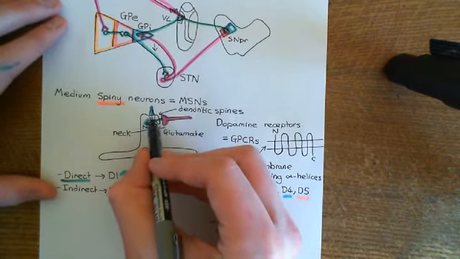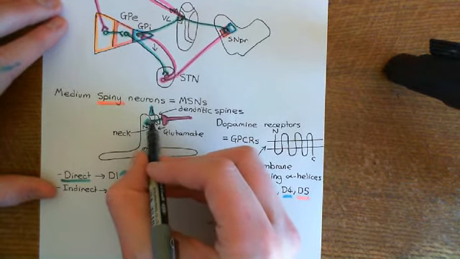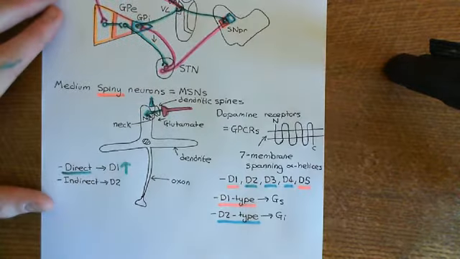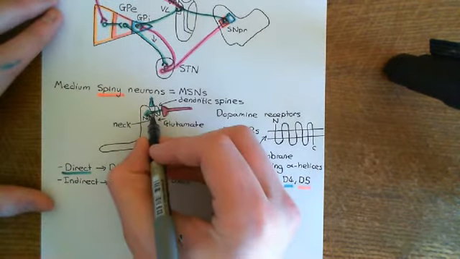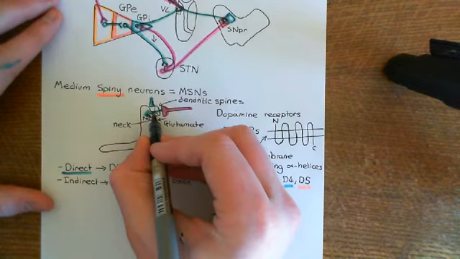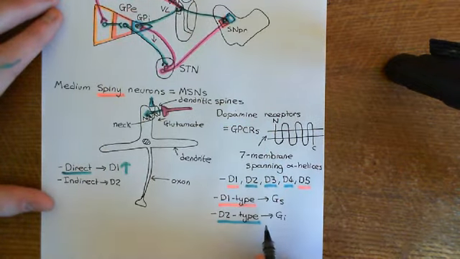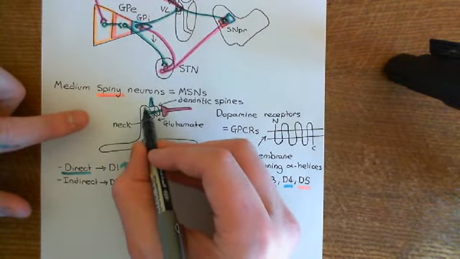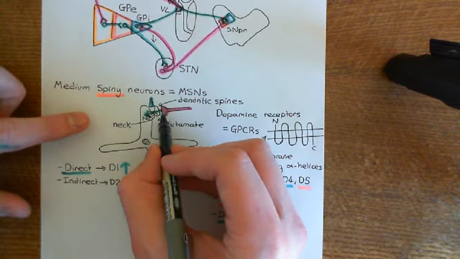When the dopaminergic neurons are releasing lots of dopamine onto the dendritic spine neck of these indirect pathway medium spiny neurons, that dopamine will be activating D2 receptors, and those D2 receptors are coupled to Gi, the inhibitory heterotrimeric G protein, and that's going to desensitize the dendritic spine to the glutamate.